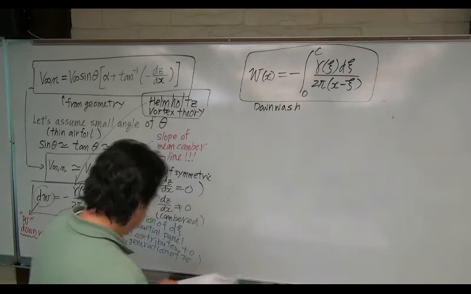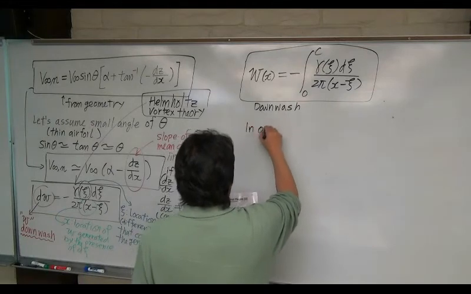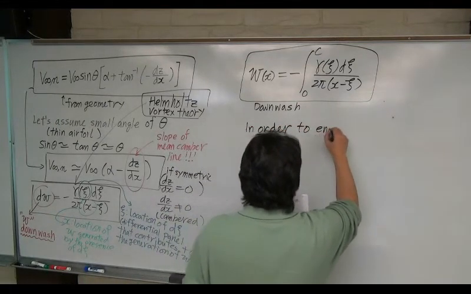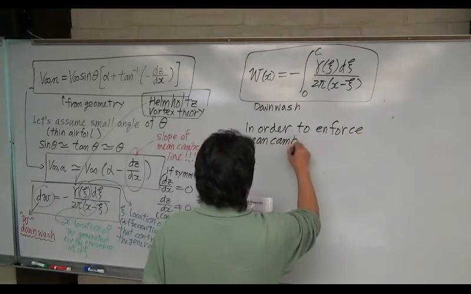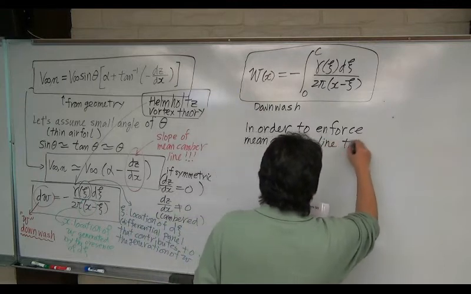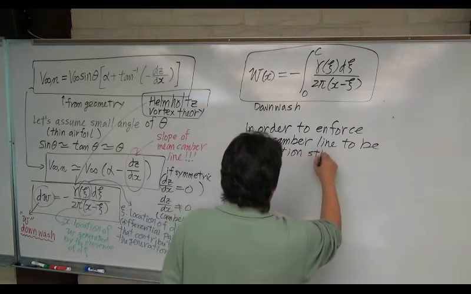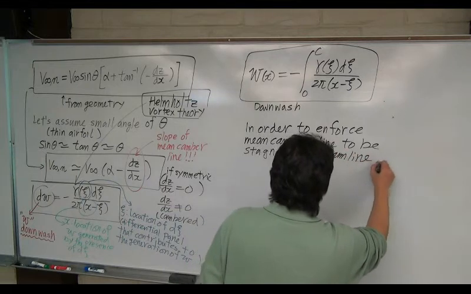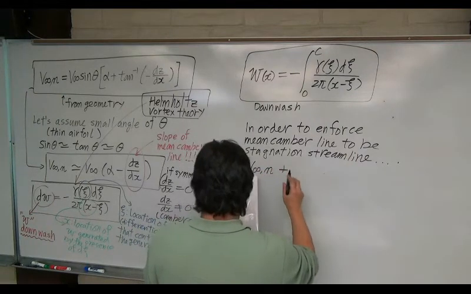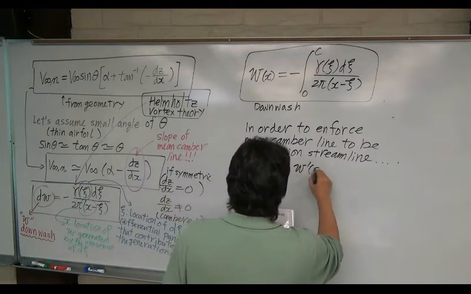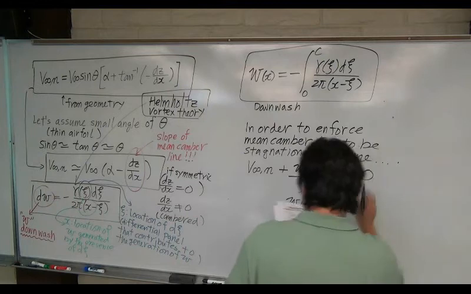Okay? So, in order to enforce the mean camber line to be a stagnation streamline, of course, you need to set V infinity n plus w prime, which is approximately equal to w as a function of x, equal to 0.